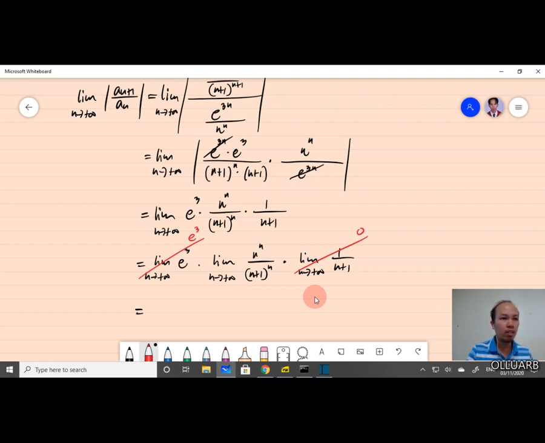So the answer here is e cubed times, we are not sure what the limit of the second factor is, so let's leave it at that, and the third one is 0. If it happens that the middle factor is infinity, then we have a problem here. So anyway, let's compute the second factor.